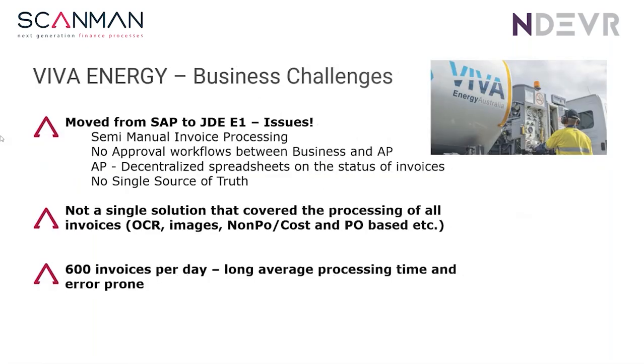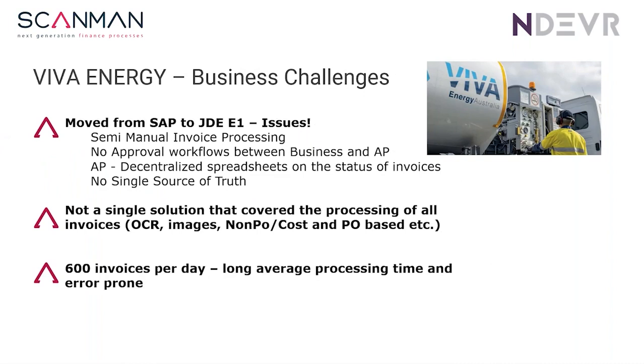What actually happened at Viva Energy in 2018 or 19, they moved from SAP to JD Edwards E1. And at that time, there were some issues when it comes to AP, the processing of supplier invoices.